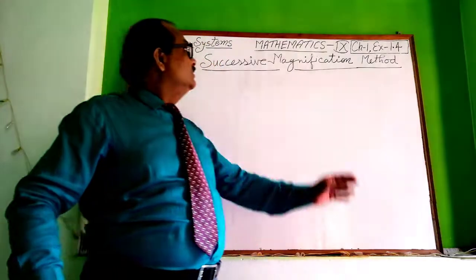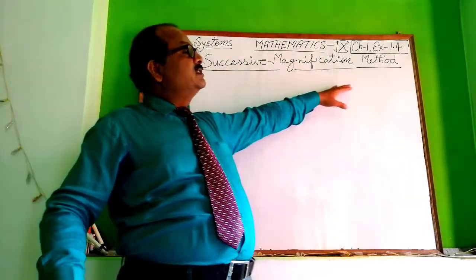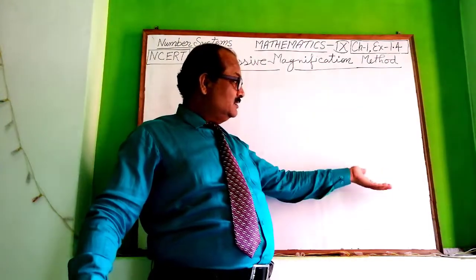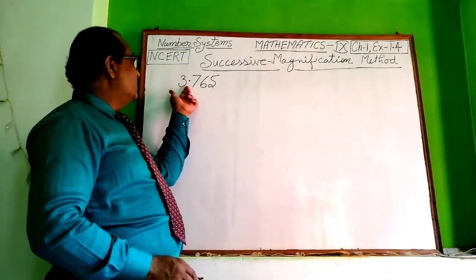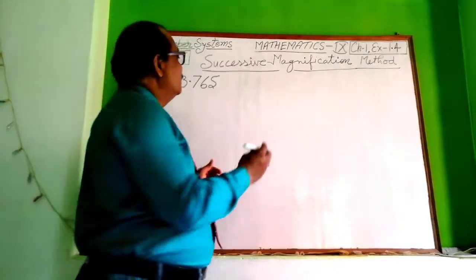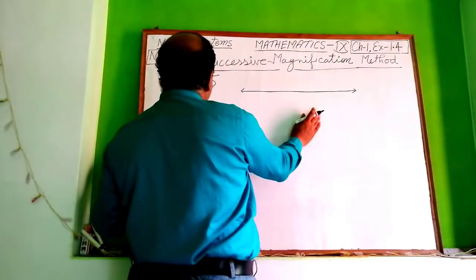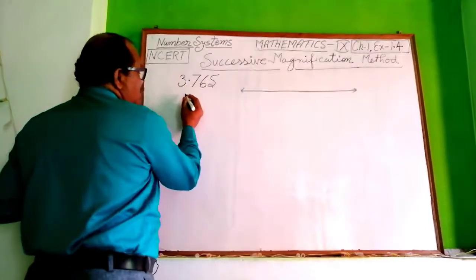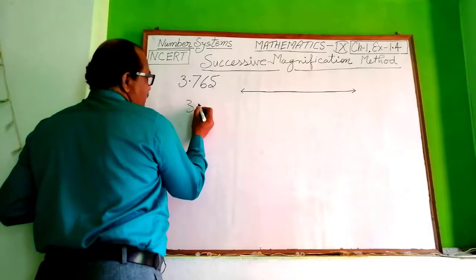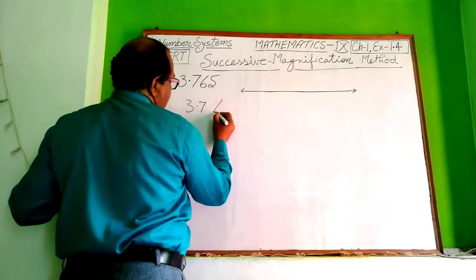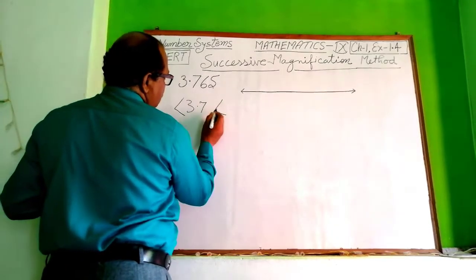So student, you can see successive magnification method we will apply as I have explained just before. 3.765, to represent it, first you will draw a number line. No need to represent whole line. You can see this number 3.7, first we will reach to this place. This number lies between these two numbers.